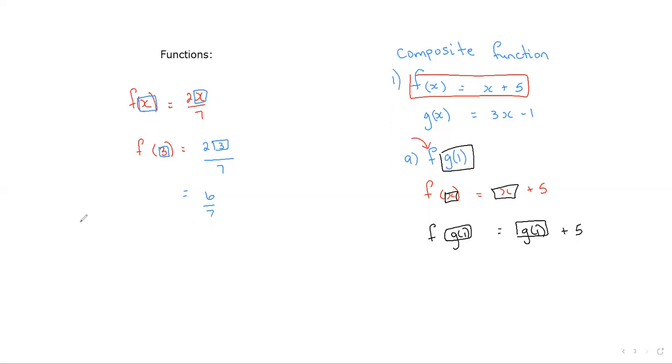So basically, I need to figure out what is g of 1. In order to find g of 1, I have to substitute into g of x equal to 3x minus 1, so everywhere I have x, I have to put 1.